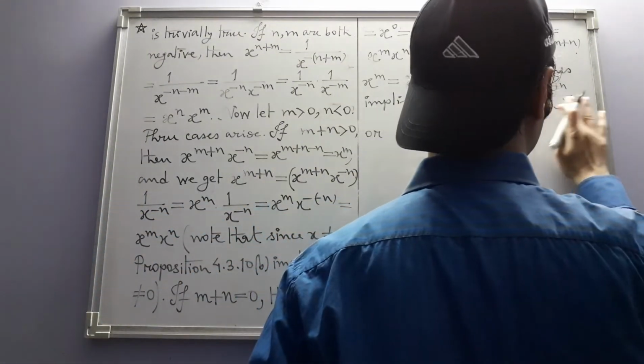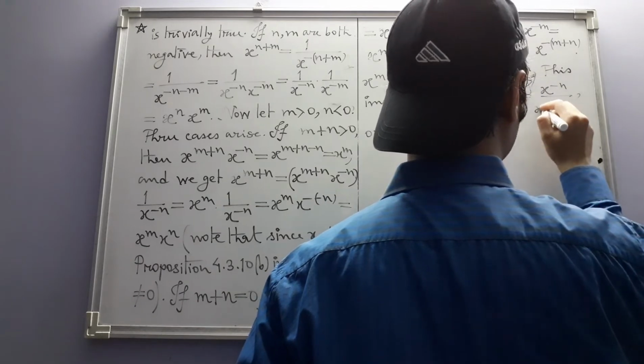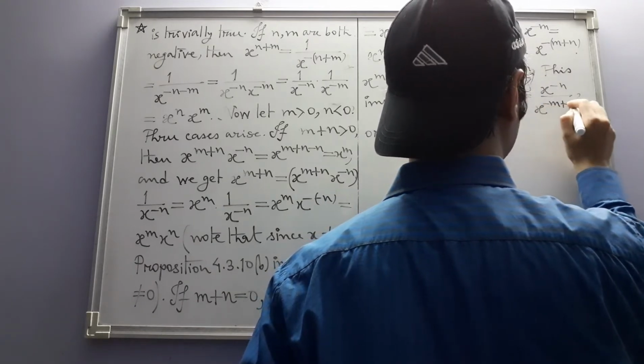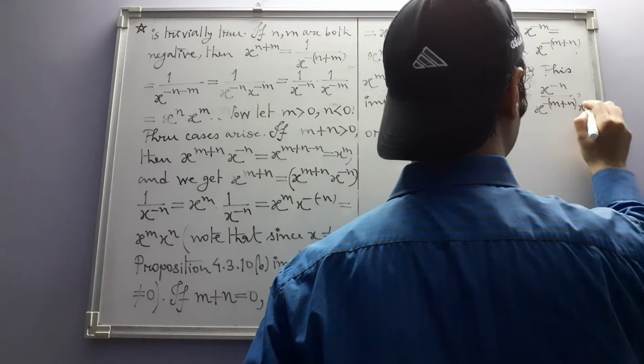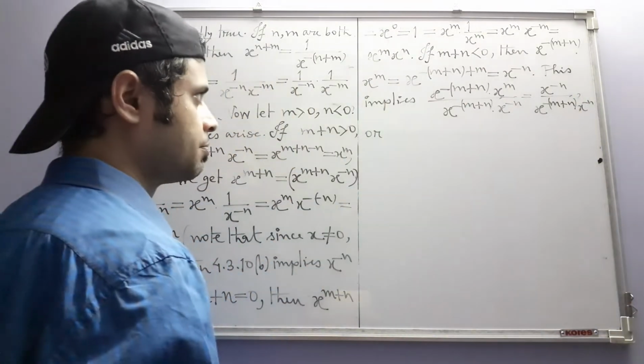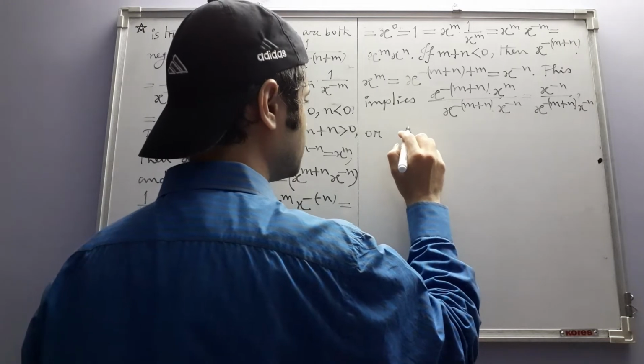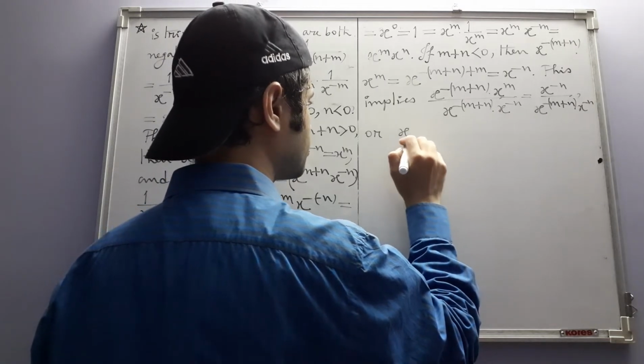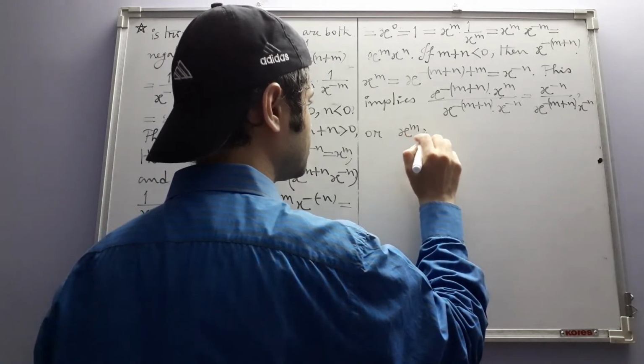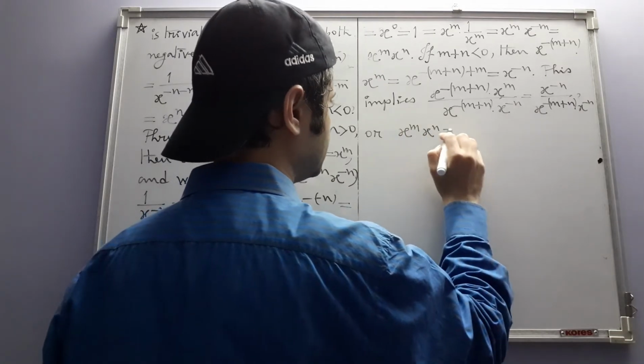Okay, I have to write another factor here. We get x to the power m times x to the power n.